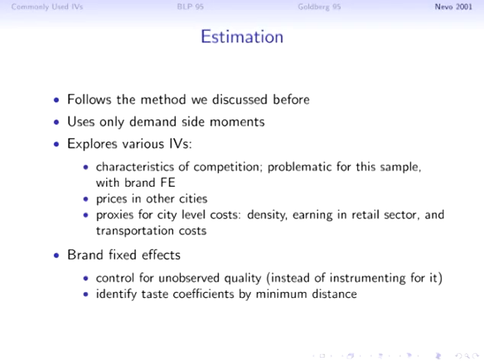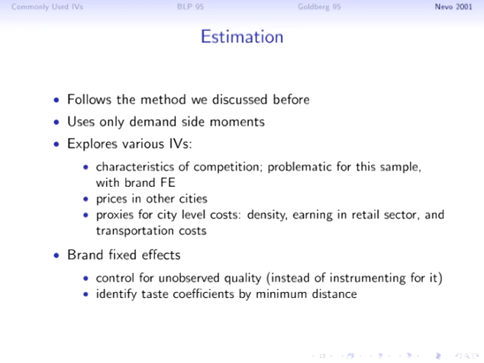Okay, estimation basically follows the method we talked about before, only demand side moments, no supply side moment. So really here the extra variation is there's going to be over 1,100 different markets, where the markets vary both by time and cross-sectionally. There's 67 different cities, and that's going to be quite important to create the variation we need to estimate the random coefficients. So I've explored various instruments here.